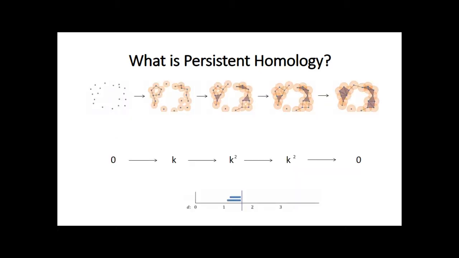So there is another cool thing about homology, and it's that it does not only give you a vector space, but also linear maps. So you have a sequence of simplicial complexes, and you know the relation between them, then you not only have these vector spaces, but also the linear maps between those vector spaces. Okay, so if this is the zero-dimensional vector space, you will have this 0 here.